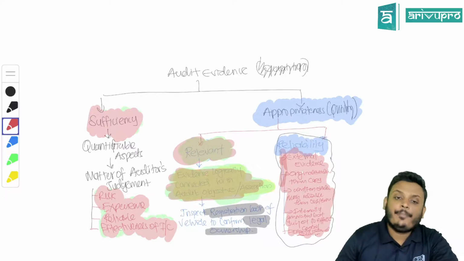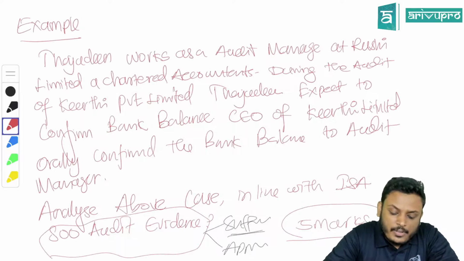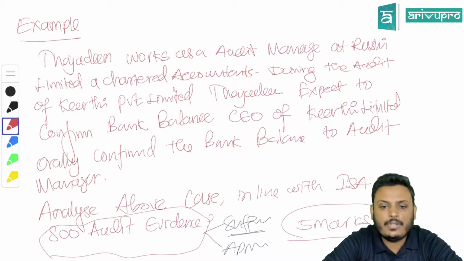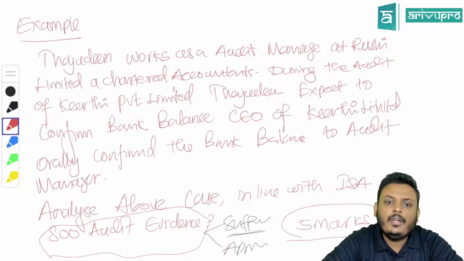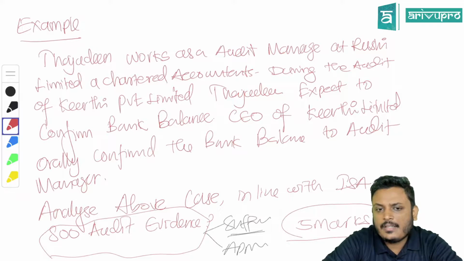Now concentrate. Let's move to a question. Tajuddin works as an audit manager at Rushi Limited, a chartered accountant firm. During the audit of Kirti Private Limited, Tajuddin expects to confirm the bank balance.